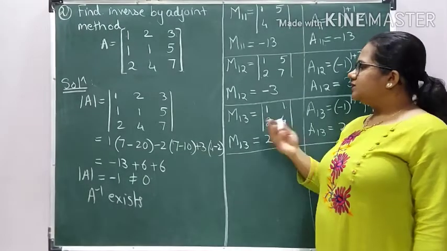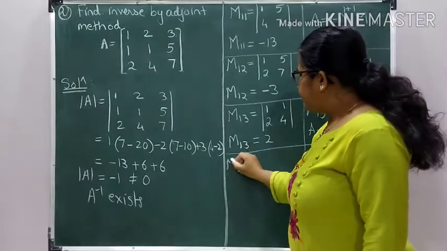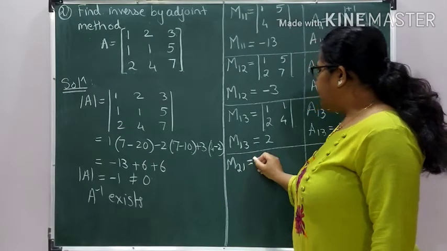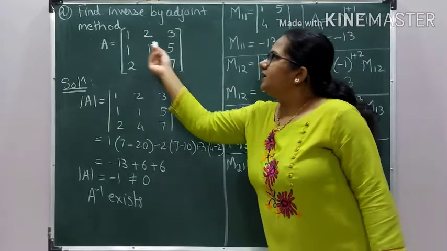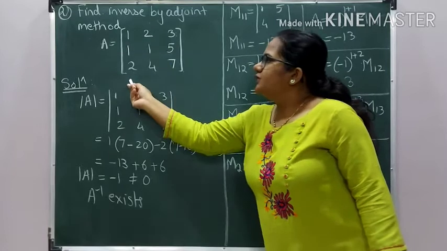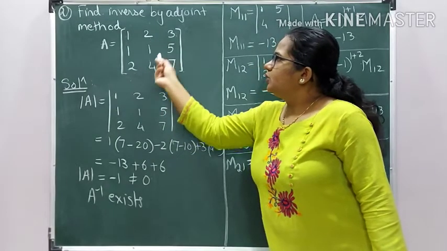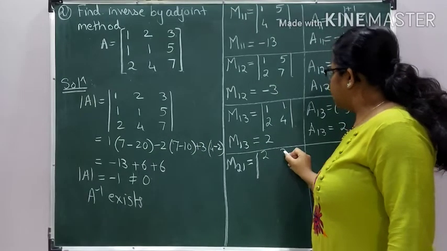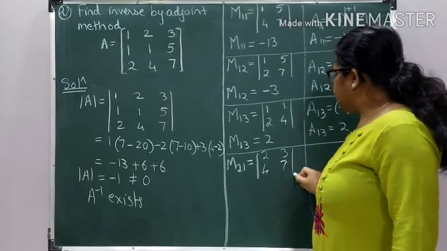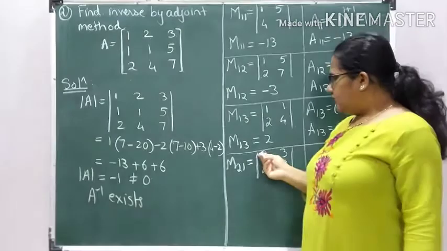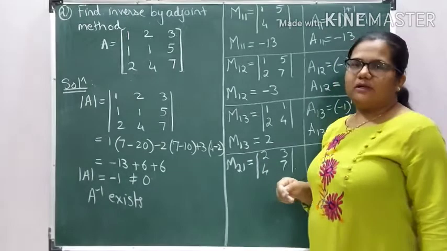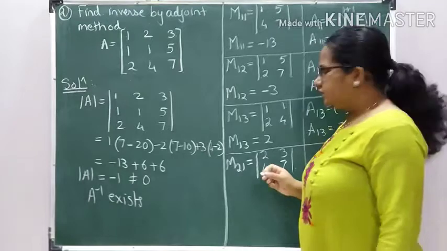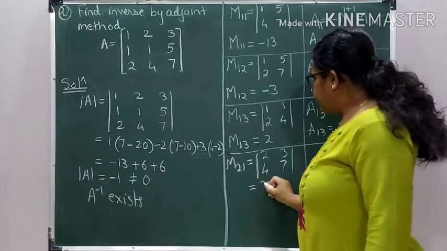Now move towards the next minor, that is M21. M21 means you have to eliminate the second row and the first column. What are the remaining elements? 2, 3, 4, 7. You write that in an order 2 matrix. So 7 2s are 14, 4 3s are 12, and 14 minus 12 is 2.